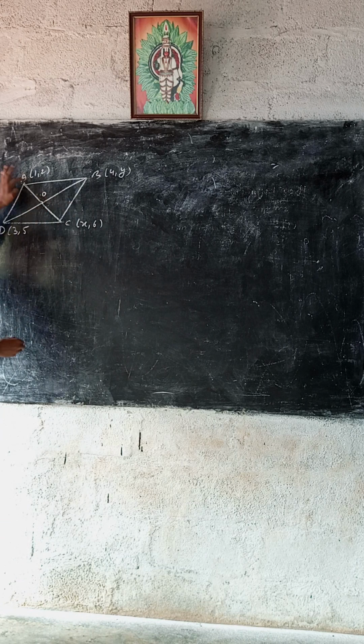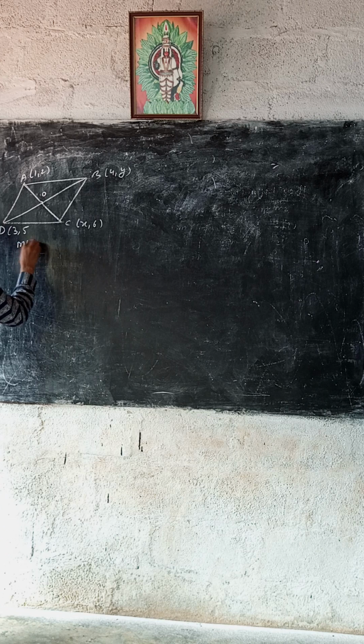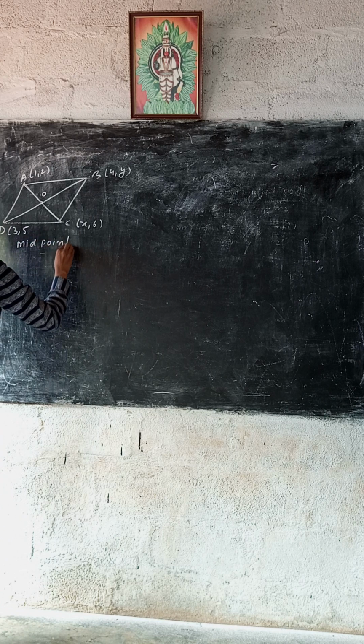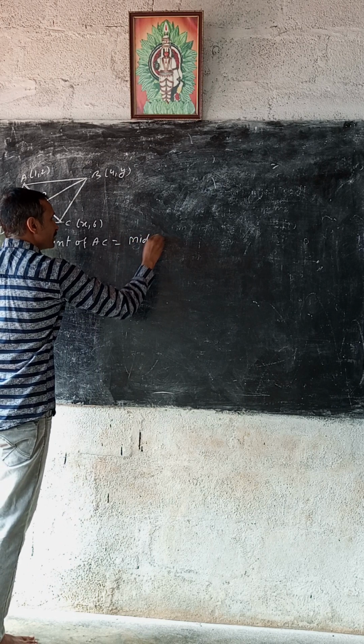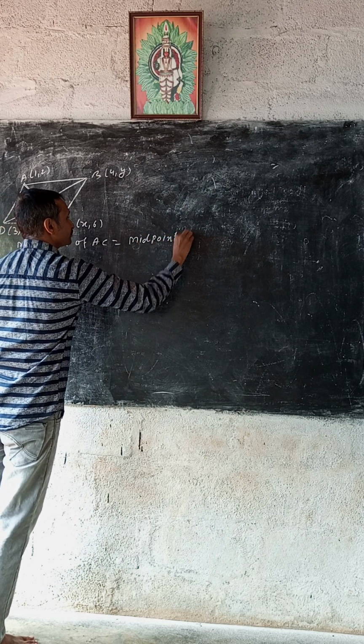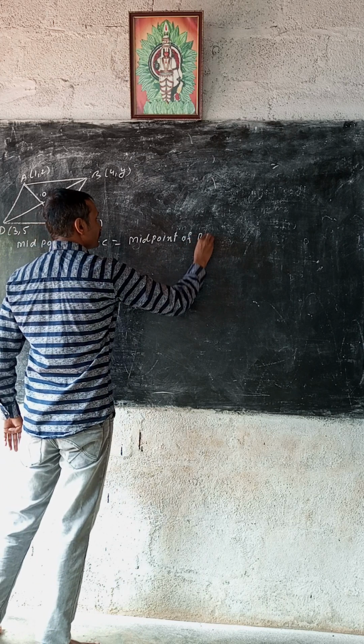Midpoint of AC is equal to midpoint of BD. Why?